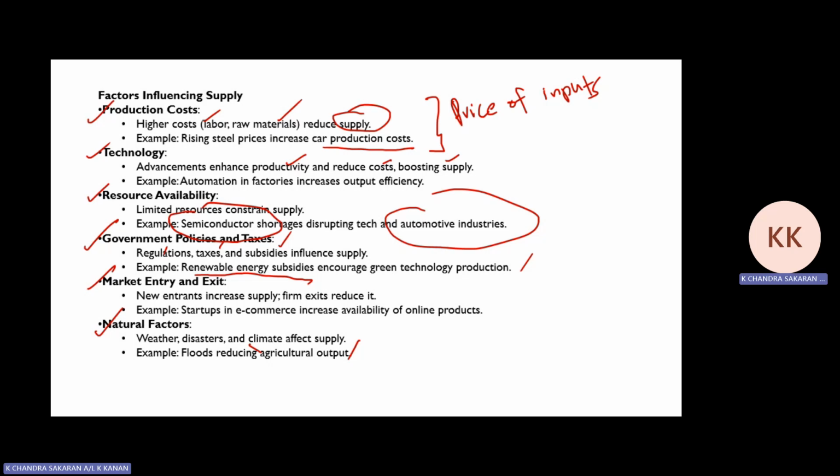So find out what are the factors, supply factors, affecting the suppliers of the industry that you have chosen. This is very general, but you have to be very specific in your project. Okay. Are you clear now? Any question up to here? Is there any question?